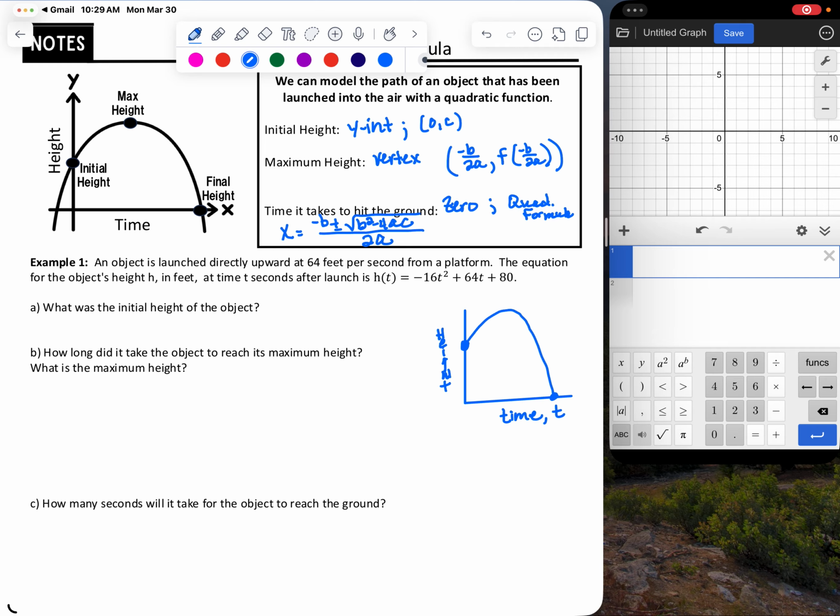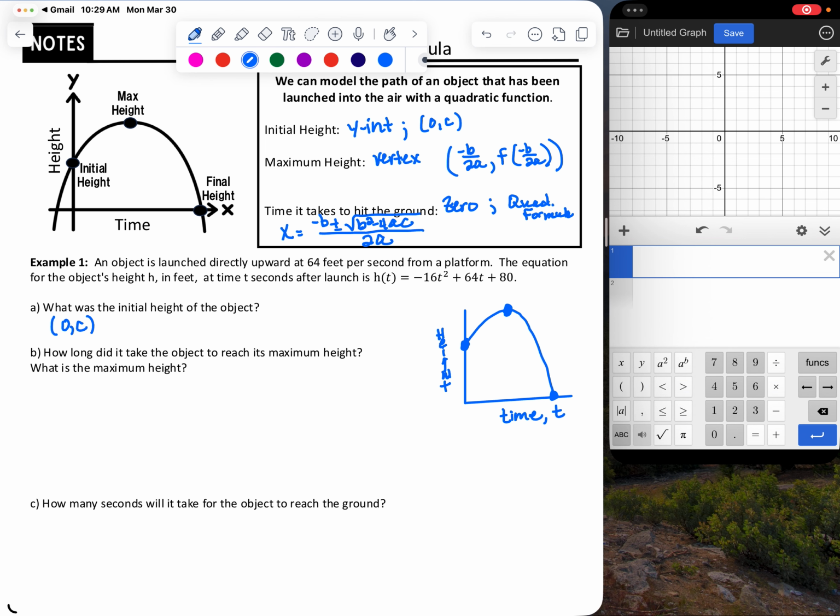So there's 3 important parts here. Where was it launched from? What was its maximum height? And how long will it take to hit the ground? So the first question says, what was the initial height of the object? Well, remember, the initial height of the object is the y-intercept, or the point (0, c).